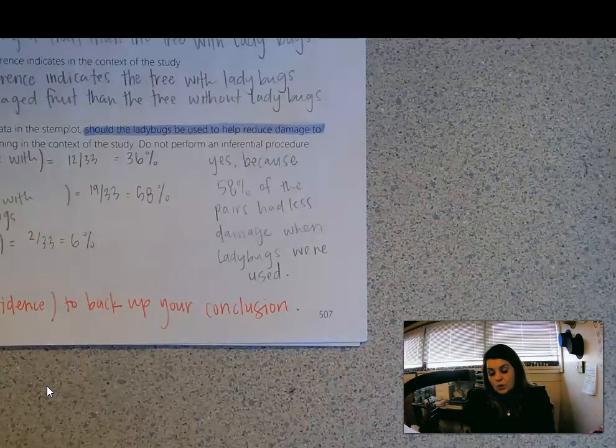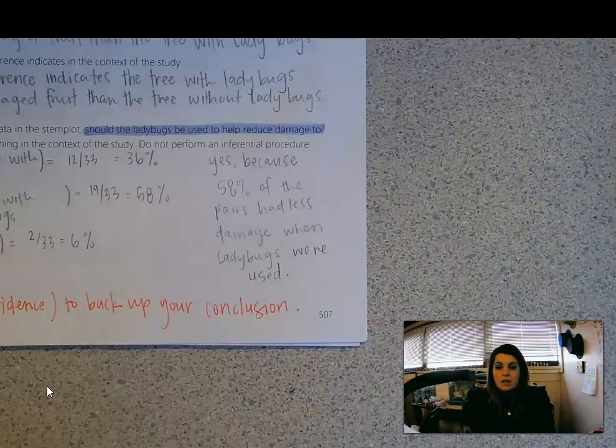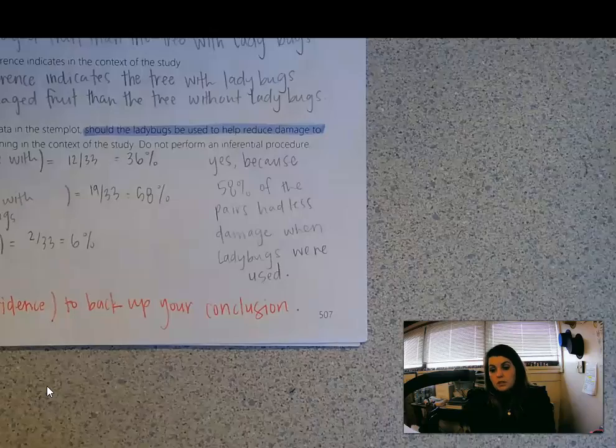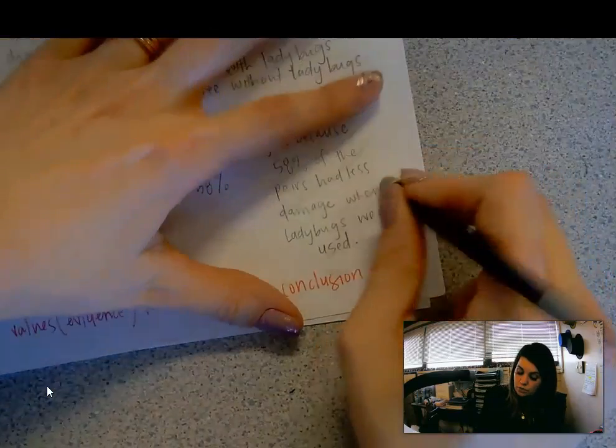So I guess my wording there is also kind of unclear. 58% of the pears had fewer damaged fruit on the tree with ladybugs. So that's what I would change it to.